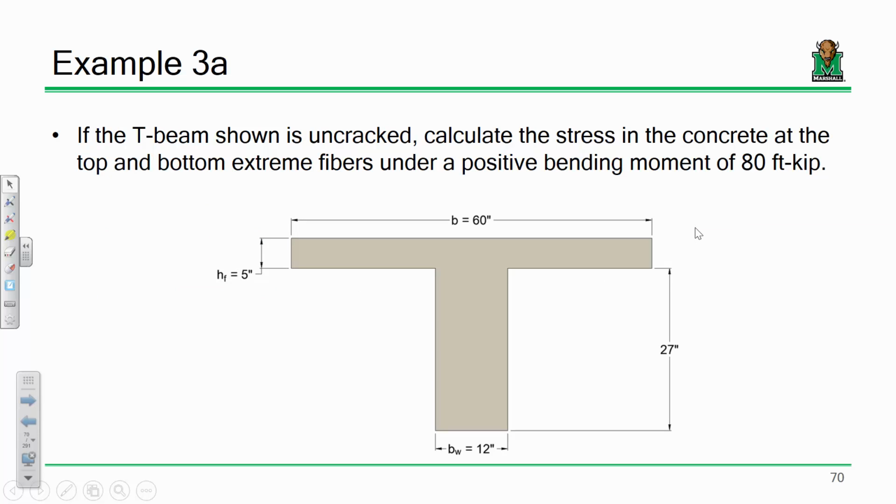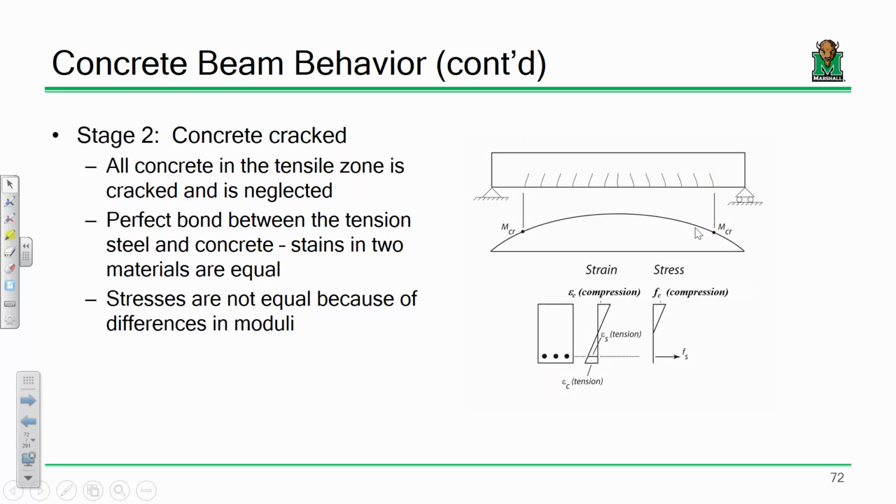Example 2 was really just, here's the moment of inertia, bh cubed over 12, have a good day. But in example 3, the computation of the centroid and the moment of inertia, there's something to that. There was a reason for going through that review process: looking at the concrete beam in its cracked state.